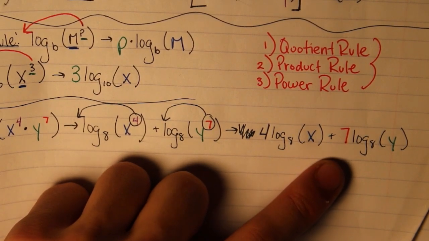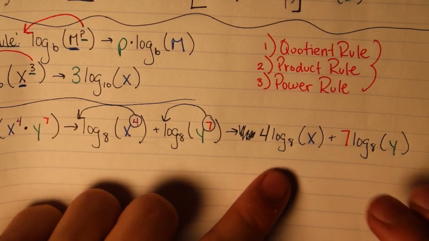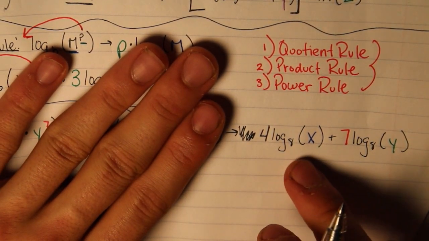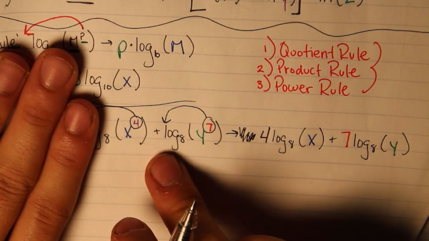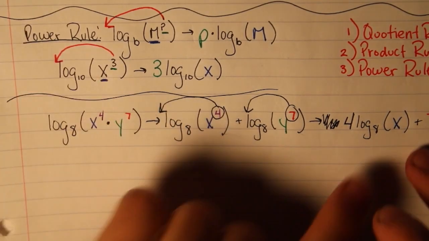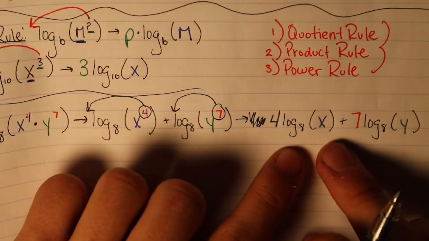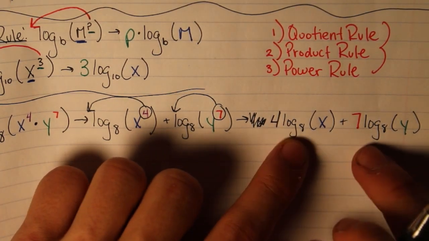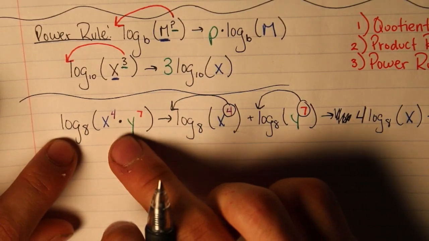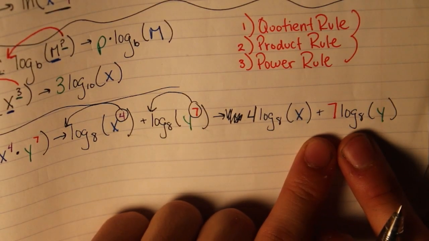That's how you expand. And eventually we're going to get into condensing, right? So you would be given this here, and you would have to move it back to this step, and then back to this step. It's just moving in reverse. Condensing is moving in reverse. We're given an expanded equation, and we have to make it smaller. And expanding is getting this equation and moving down the chain to our expanded equation.